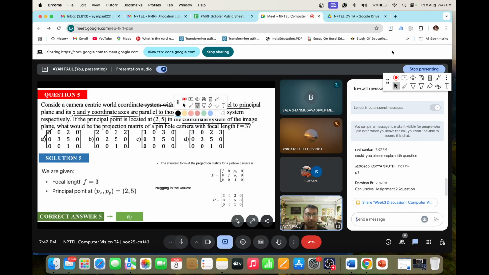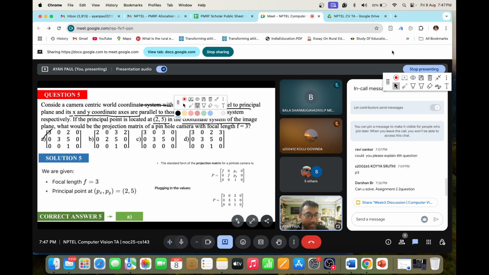So is it clear? Just plug in the values and you know the projection matrix in the case of just the offset of the principal point. Okay, not shifting of any world coordinate.